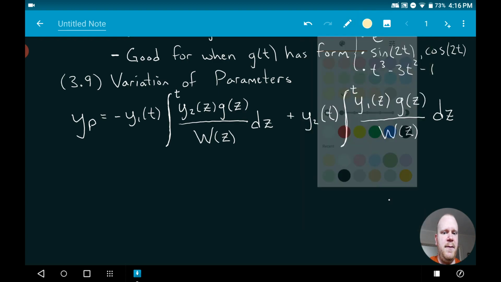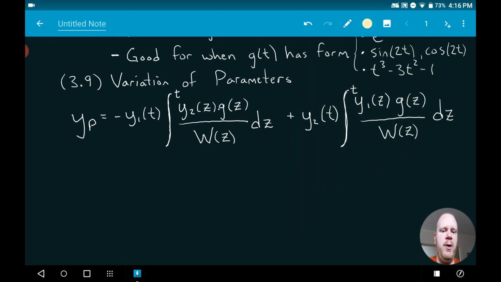A quick explanation for why we use this weird notation to talk about z's here. You can think about these as being like t values, but you might have seen in Calculus 2 or maybe at the end of Calculus 1, we talked about integrating some function, let's say x squared dx or something like that.